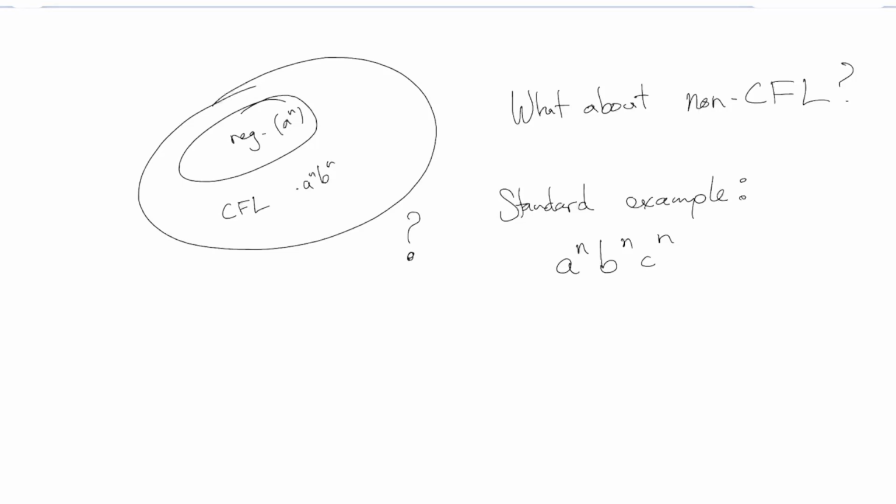It's not entirely obvious that this is not possible to do with a context-free grammar, and I don't really want to get into this. To show something's not regular, you can use derivatives. As far as I know, there's not a similar derivative-type way of showing that something is not a context-free language. If you ever looked in the book, you will notice that our book actually doesn't discuss derivatives at all.